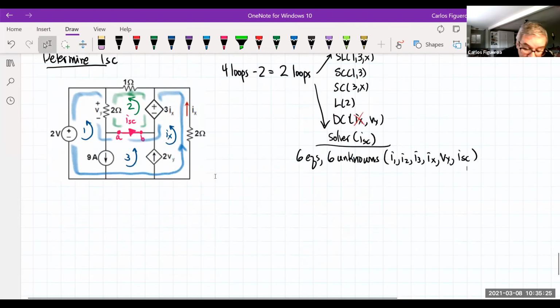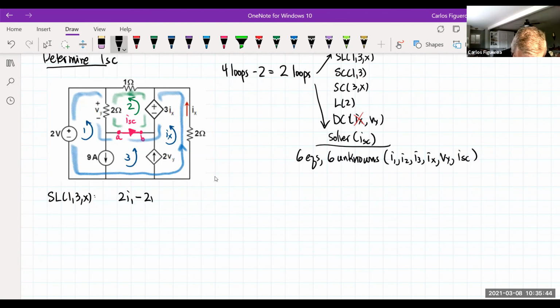So here I go. I'm going to start with the super loop. So I have super loop between 1, 3, and x. So if I look at loop 1, I'm going to have 2I1 minus 2I2 plus loop 3.